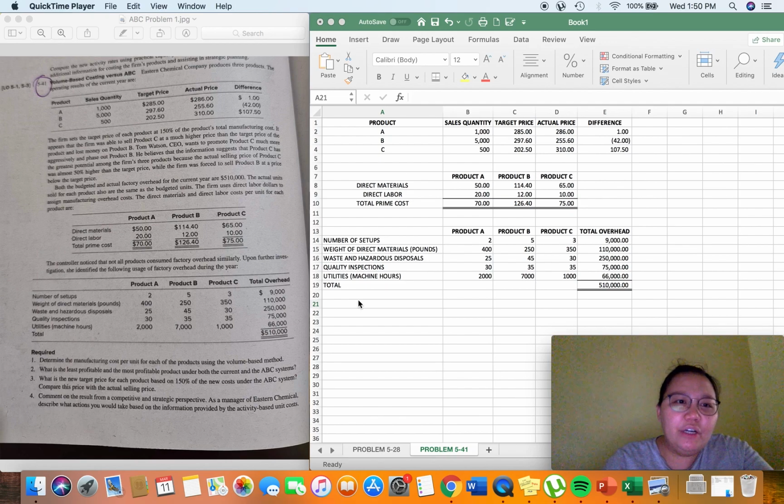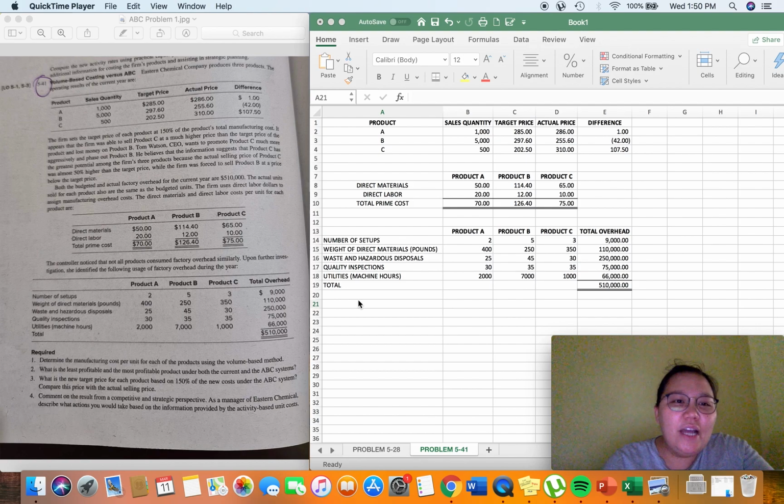It appears that the firm was able to sell product C at a much higher price than the target price and lost money on product B. Tom Watson, CEO, wants to promote product C much more aggressively and phase out product B. He believes that the information suggests that product C has the greatest potential among the firm's three products because the actual selling price of product C was almost 50% higher than the target price, while the firm was forced to sell product B at a price below the target price.